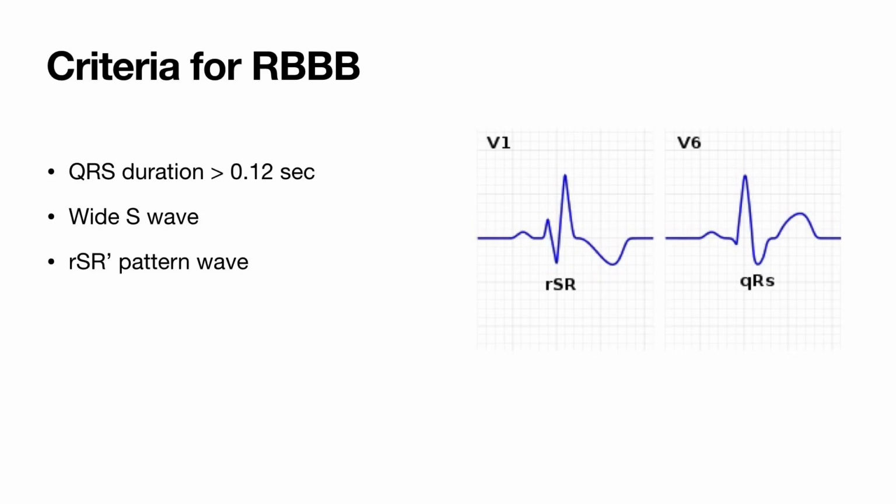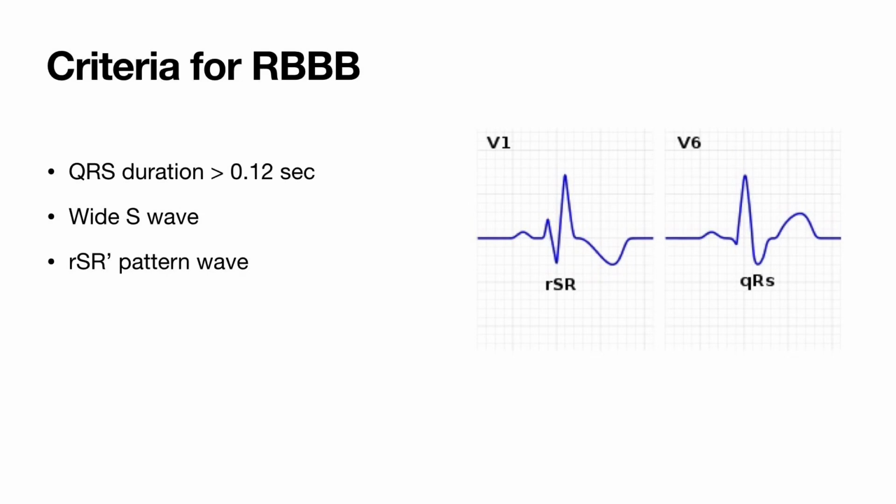It takes longer than in a normal heart for excitation to reach the right ventricle because of the failure of the normal conducting pathway. The right ventricle therefore depolarizes after the left. This causes a second R wave, R', in lead V1, and a wide and deep S wave and consequently a wide QRS complex in lead V6.